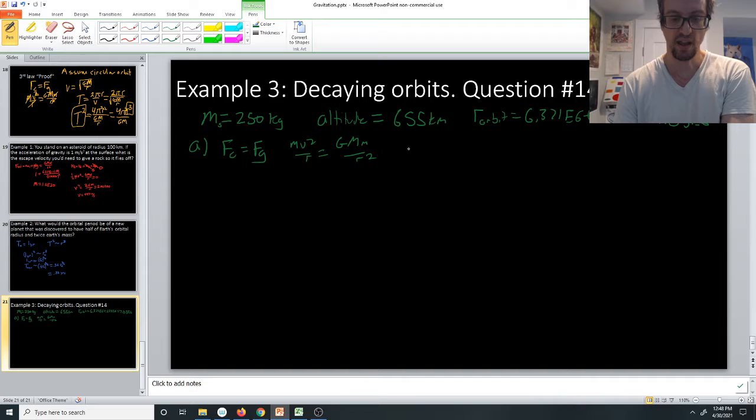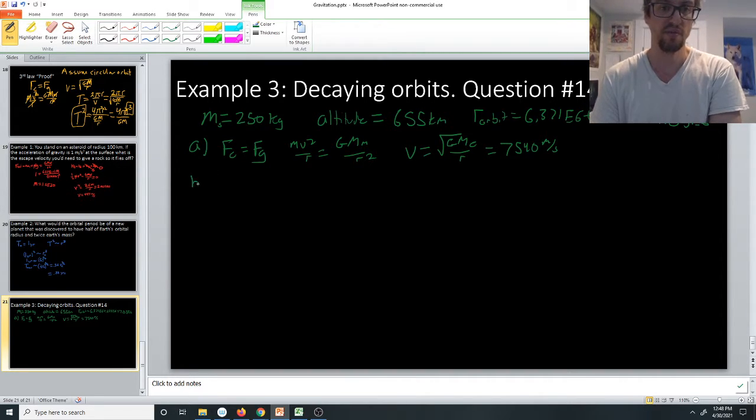That's going to mean that V is equal to the square root of G times the mass of the Earth over r, which turns out to be 7540 meters per second. In other words, very fast, but that's okay.